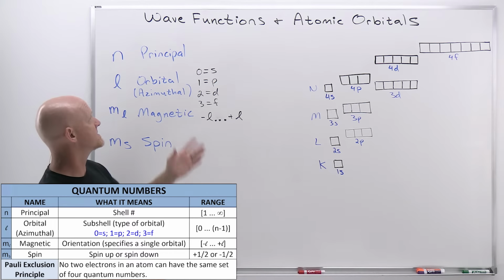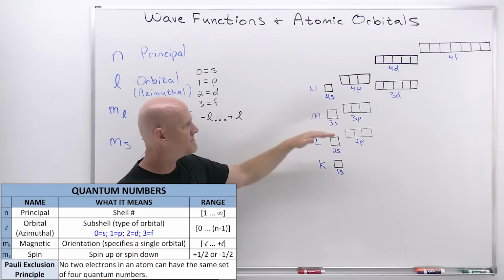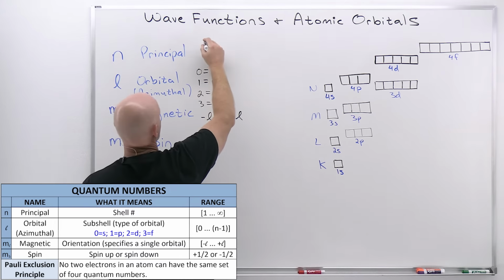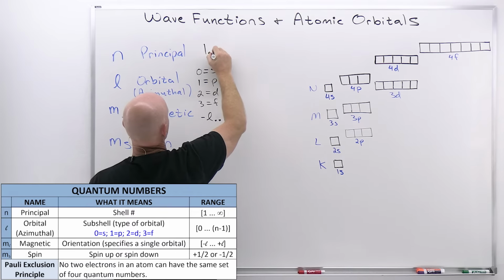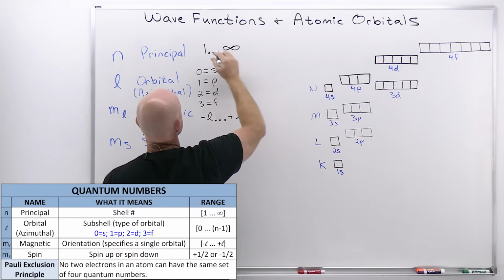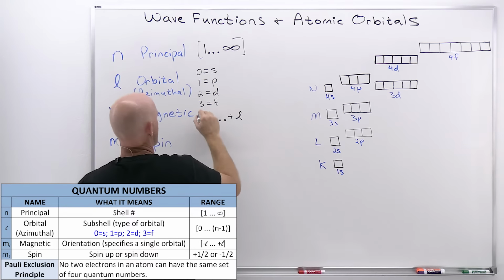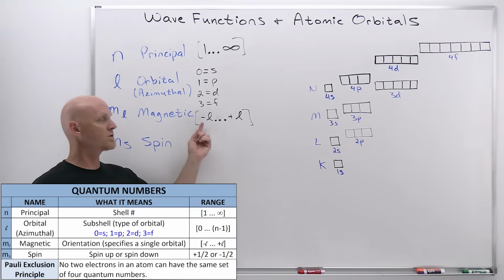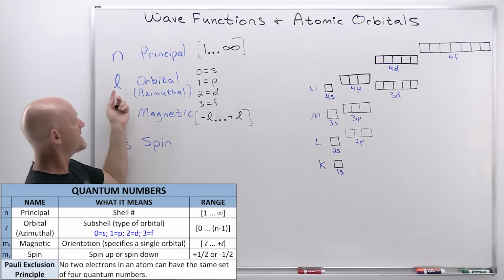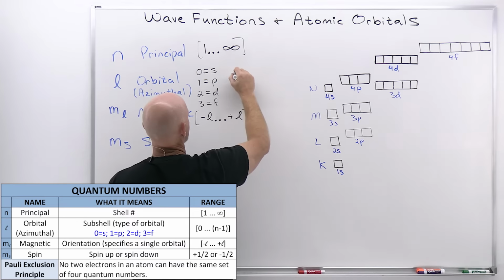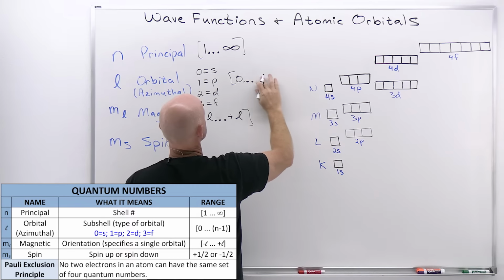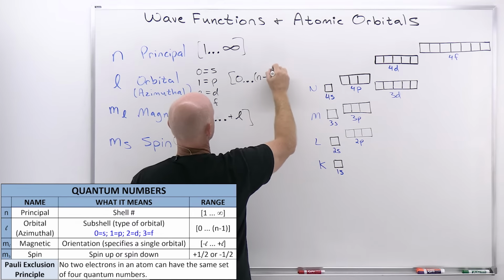If we take a look at this here, if you recall, we said there are an infinite number of shells that are possible, which is why your principal quantum number can take on values from 1 all the way up to infinity. There's your range. For the m sub L value, the magnetic quantum number, it goes from negative L to positive L. And for L, it can take on values from 0 up to n minus 1.